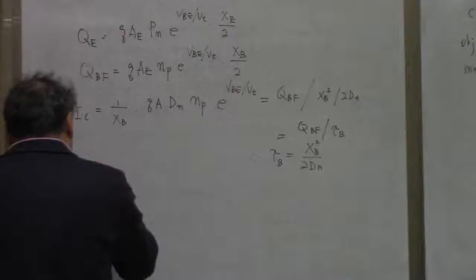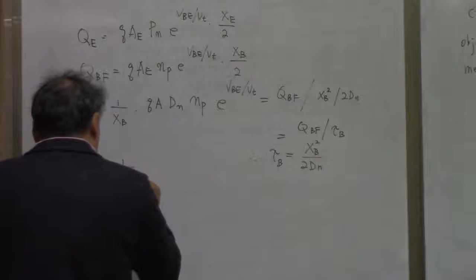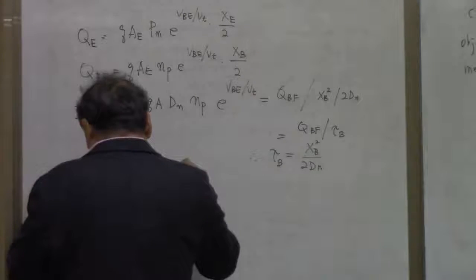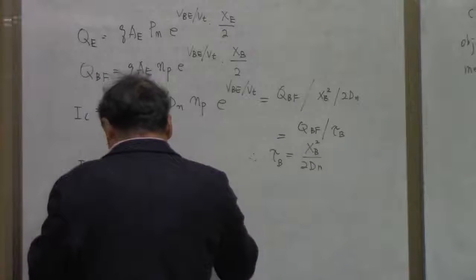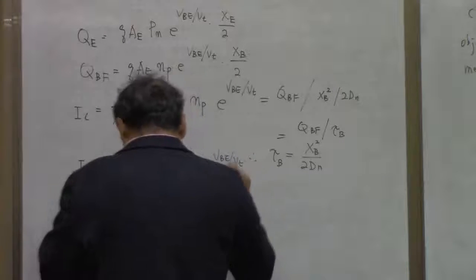And IBF, we can do the same thing. We take the derivative of that, and QE is dP Pn e to the VBE over VT.